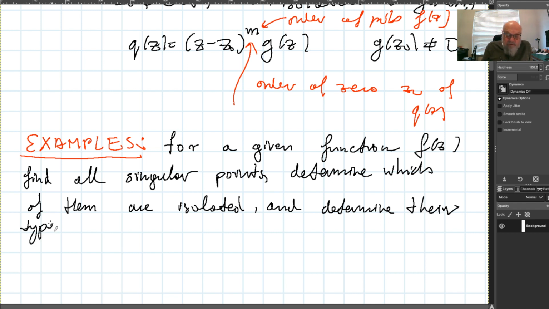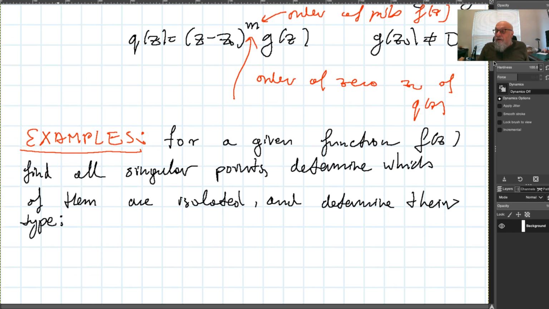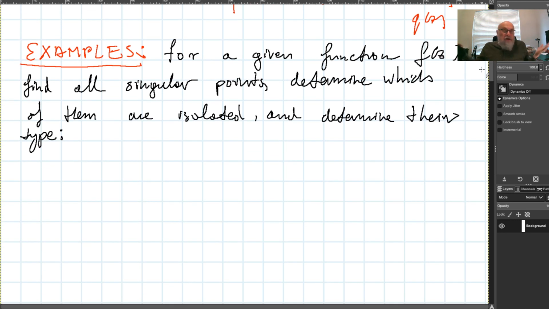That means, for the isolated singular points, either removable singularity, pole, or essential singularity. There is no third possibility for isolated. If something is not isolated, in such a case we do not really proceed further. That's simply non-isolated, so we are not interested.